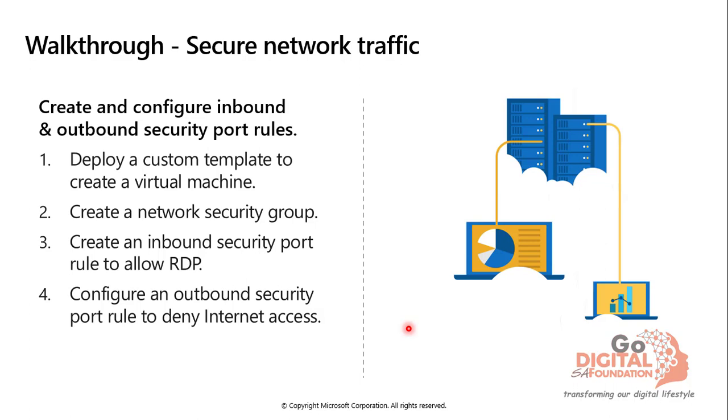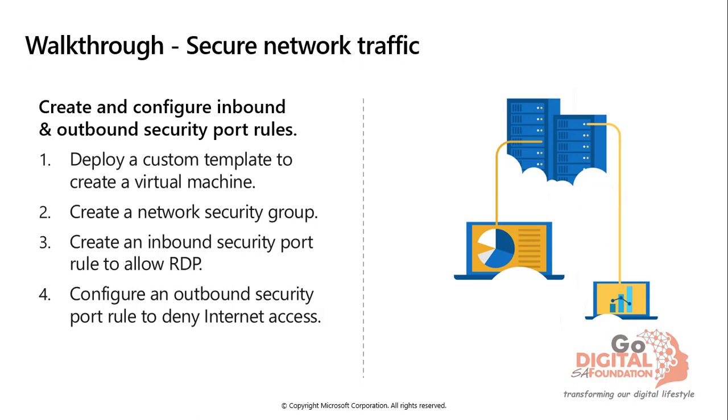And then we're gonna create a network security group and an inbound security port rule to allow RDP, and then configure an outbound security port rule to deny internet access. Okay, so let's do it.